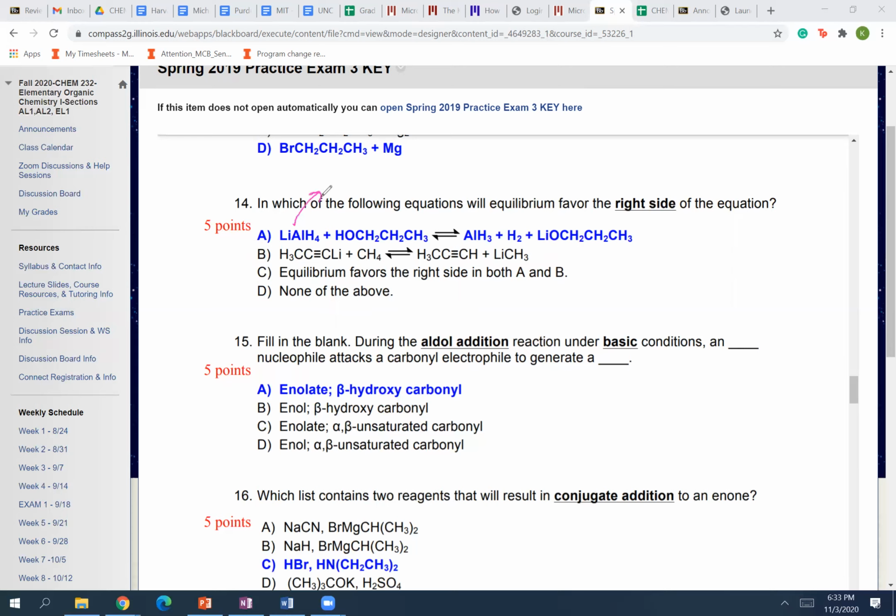We know that lithium aluminum hydride is going to be our base, which means that this guy has to be our acid. Looking at our products, we know that we're going to have an O- charge here and a lithium plus charge. So that as a result is going to be our base. And then when we're thinking about our acid, it could actually be that H2 or that AlH3. So we have to think about both of them.